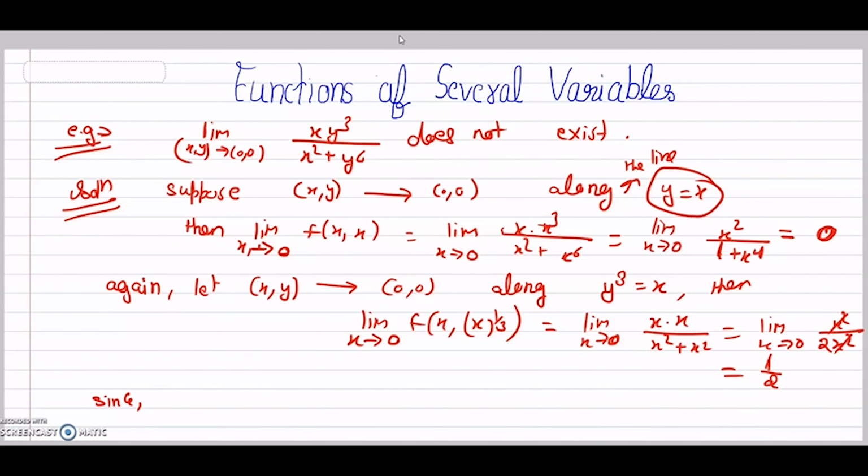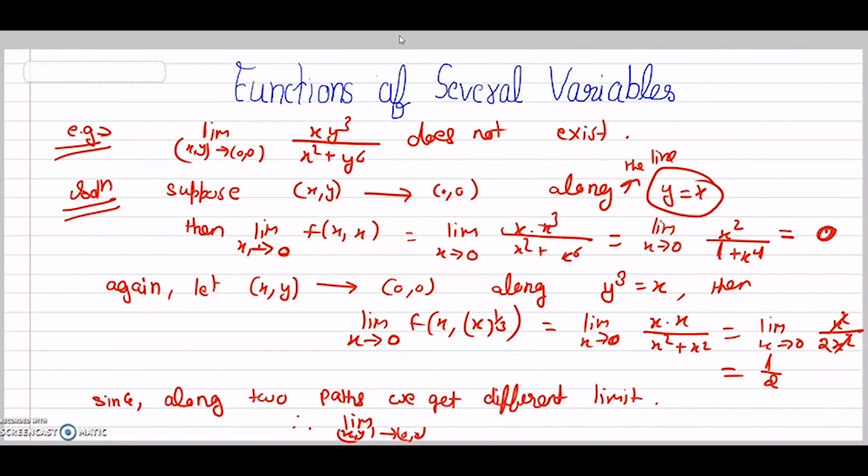Since along two paths we get different limits, therefore limit of the function when (x,y) tends to (0,0) does not exist. Fine.